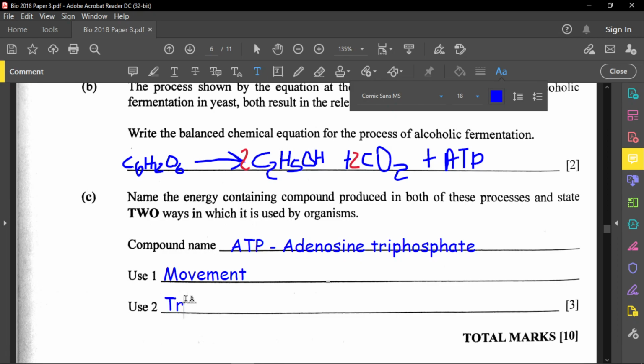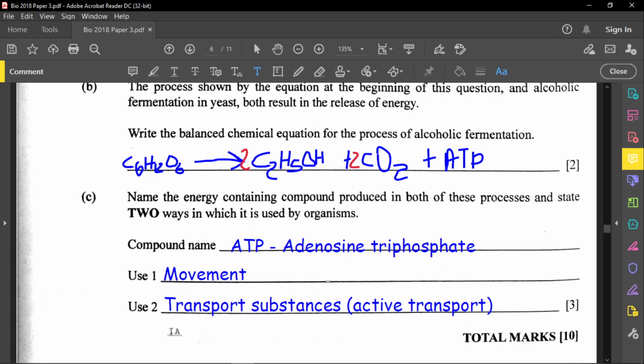Also use it to transport substances around the body. I want to clarify this because it's not just any substances, and I want it to be clear in your explanations in examinations. This transport of substances is a process we call active transport. When you're going through active transport, that is when energy is required.